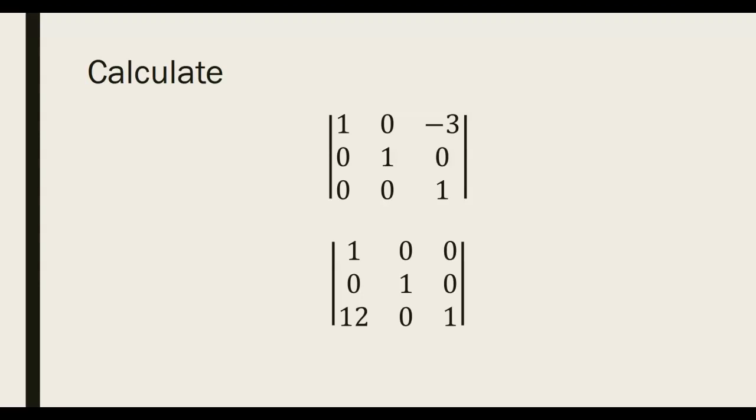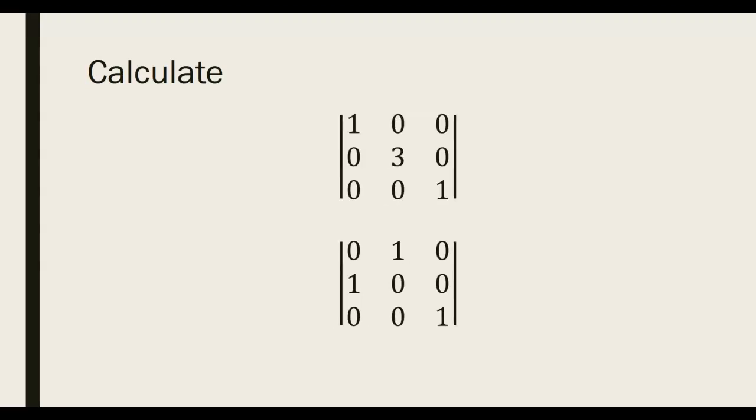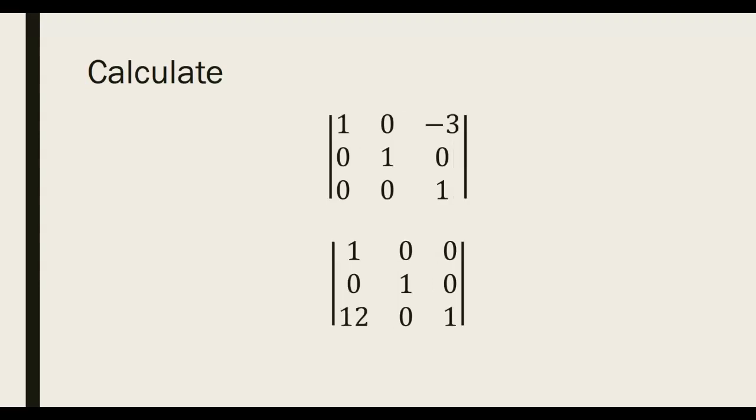Now there are other elementary row operation matrices as well. By the way, this is the elementary row operation matrix that is going to replace row 1 in the matrix with the sum of row 1 plus -3 times row 3.